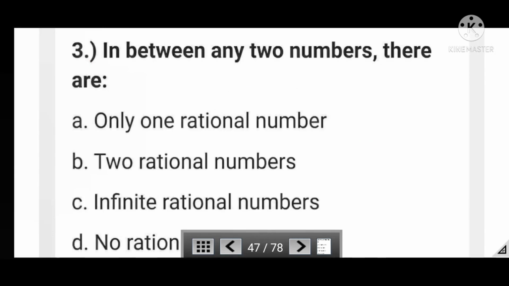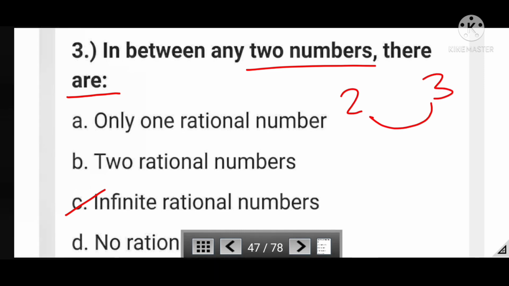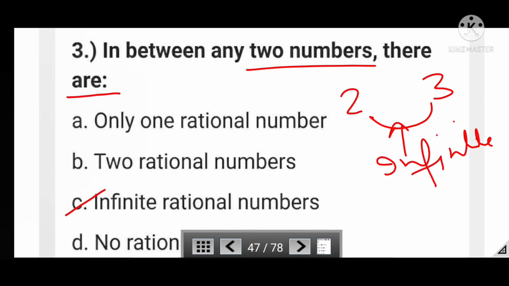Next question. In between any two numbers, there are infinite numbers of rational numbers, because in any two numbers there are infinite numbers of irrational numbers. So the answer is option C.